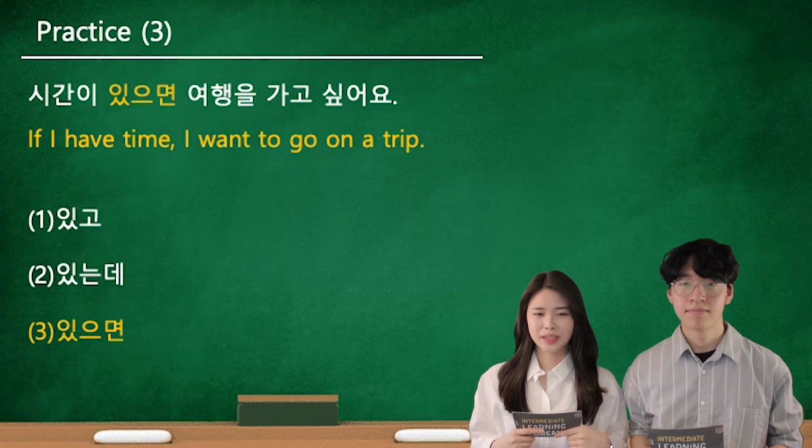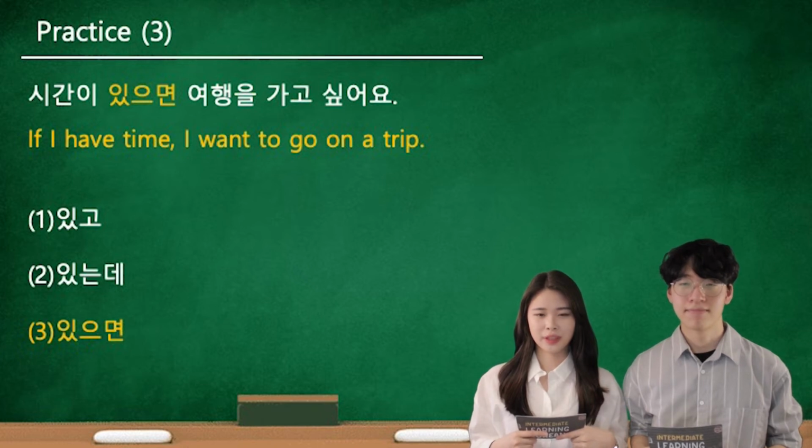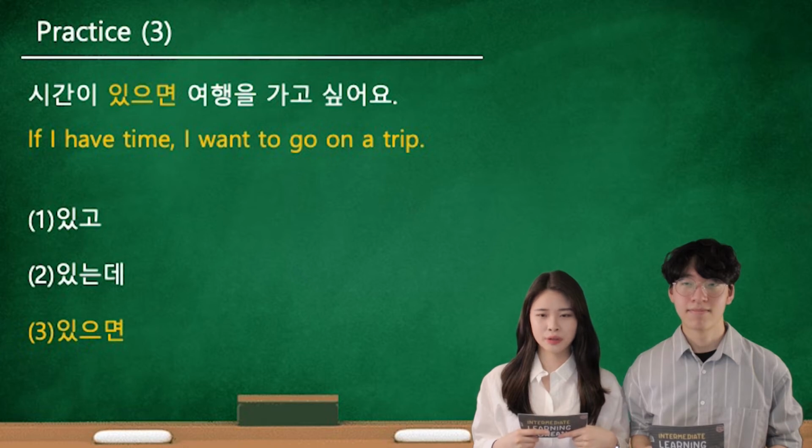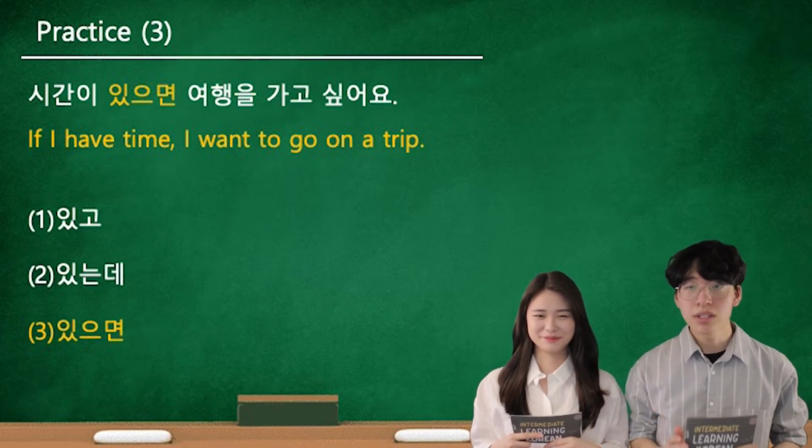What should we change 택시를 타다 to? I will give you 5 seconds. Yes, the correct answer is 택시를 타면. The verb 타다 does not have a final consonant, so 면 is used to make 타면.